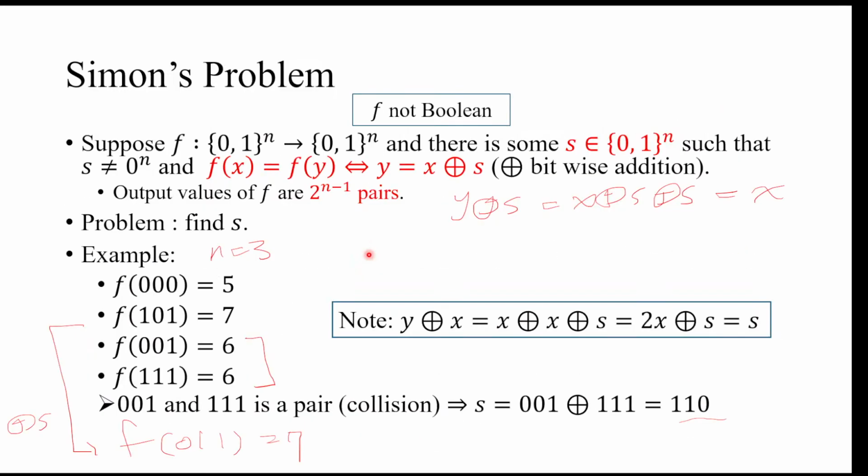So our U_f will do this: the input is x and y, and the output is x and y ⊕ f(x), where y ⊕ f(x) is bitwise addition.